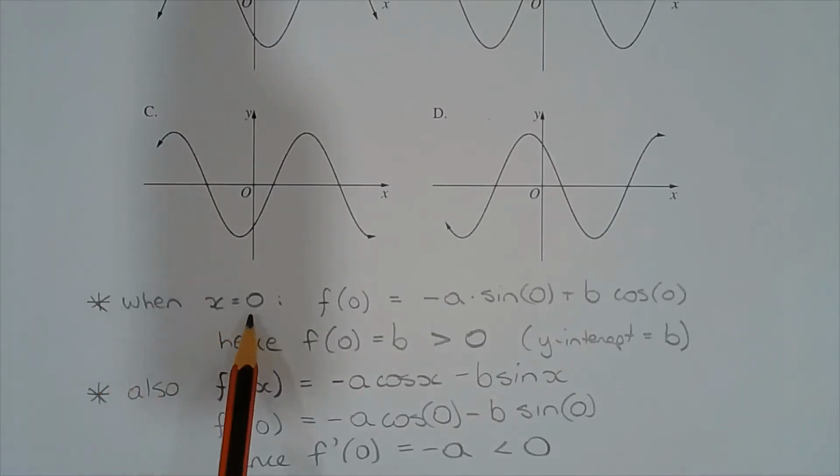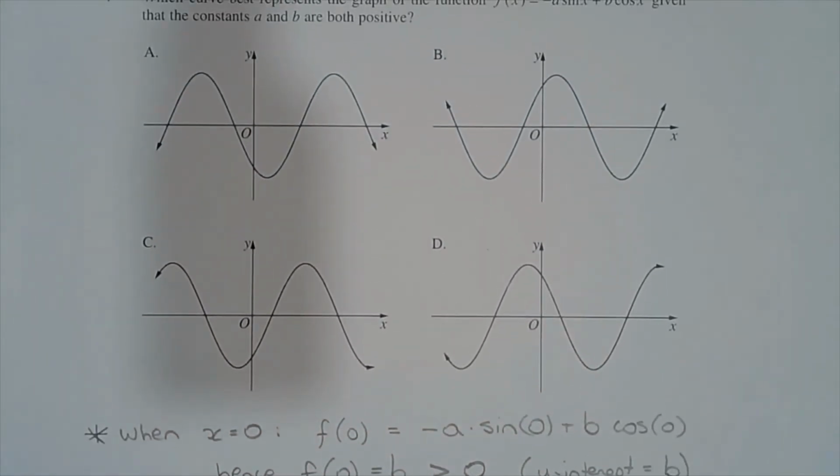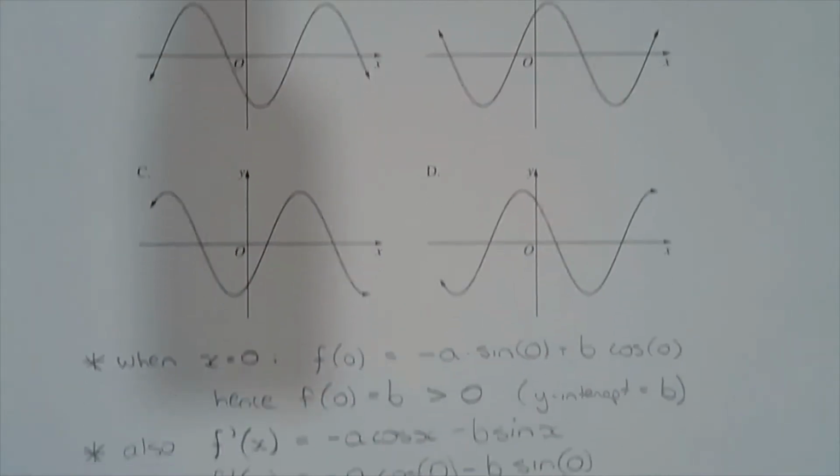When x equals 0, f(0) is equal to negative a multiplied by sin 0 plus b cos 0. Now sin 0 is equal to 0 and cos 0 is equal to 1. Hence f(0) is equal to b and b is greater than 0. Hence two answers that are not possible are options A and C, since their y-intercepts are both negative.